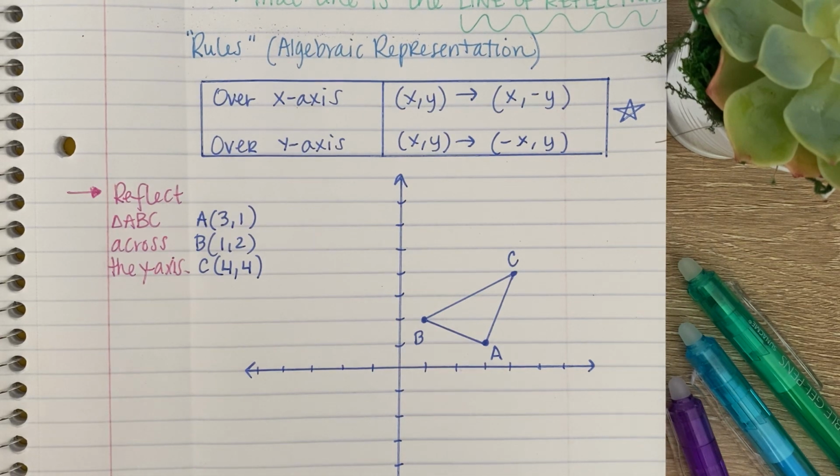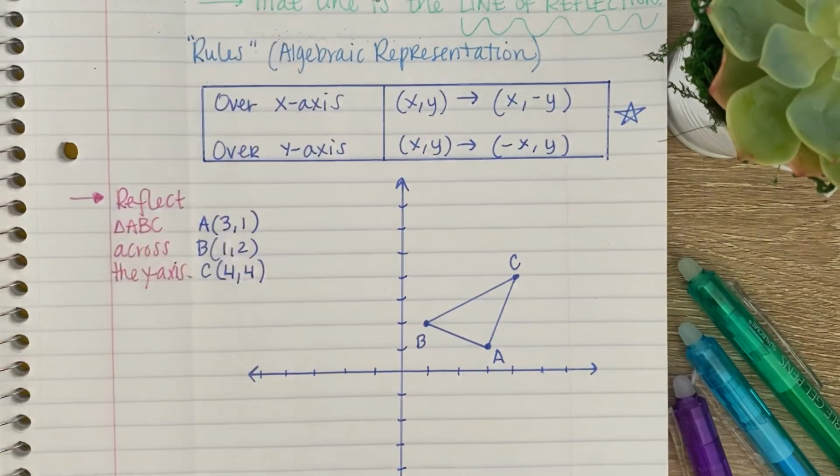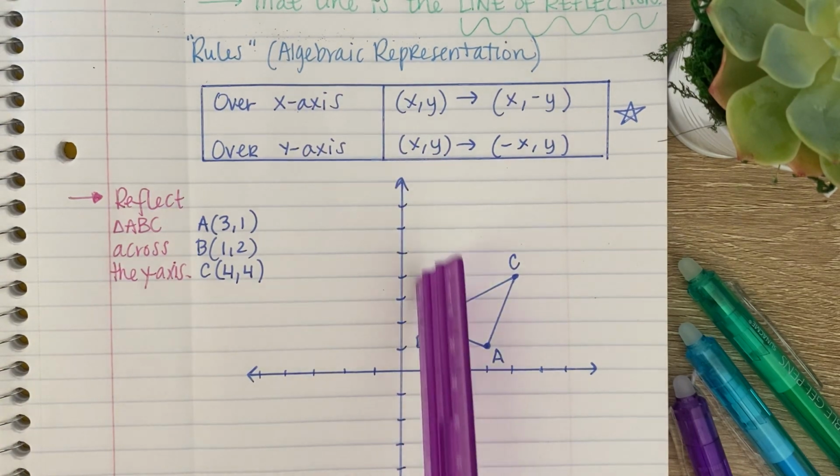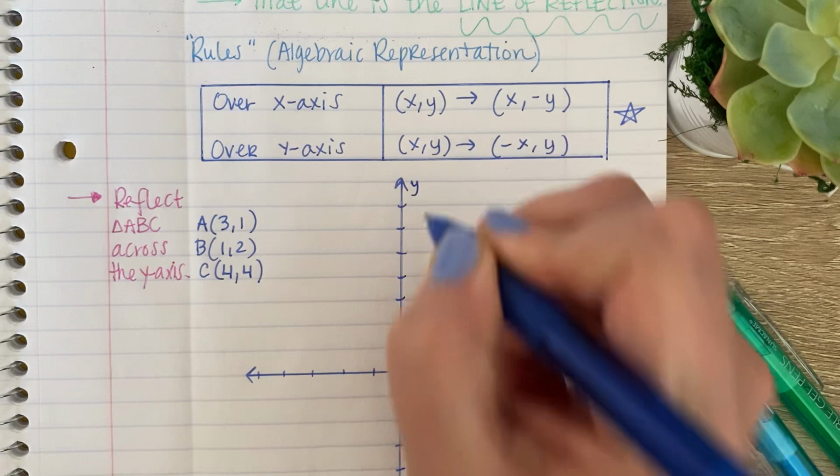Okay, now we're reflecting across the y-axis, which means that we're going to take our image right here and it's going to be reflected across this line, the line of reflection, which is the y-axis. Okay, this is the x and this is the y.